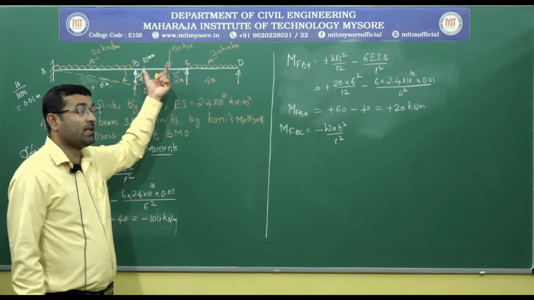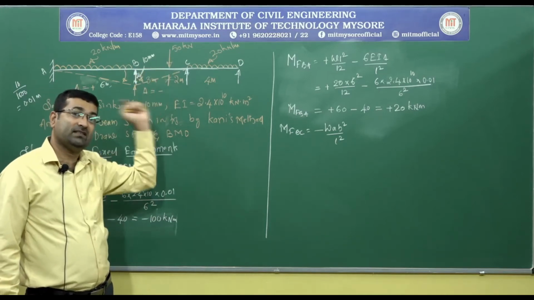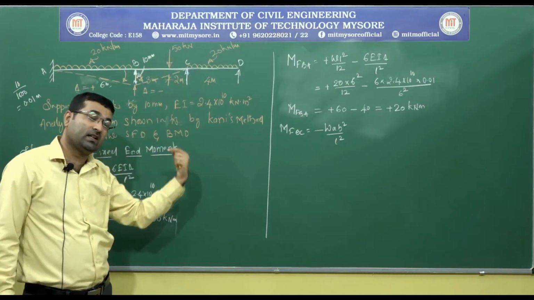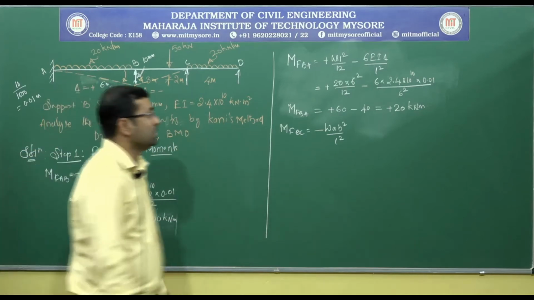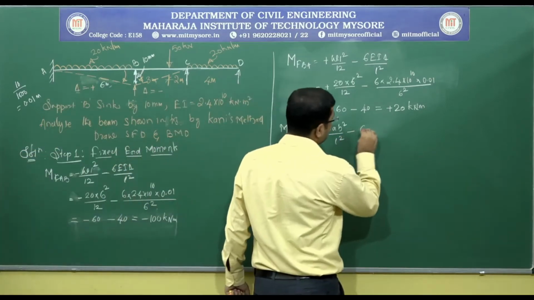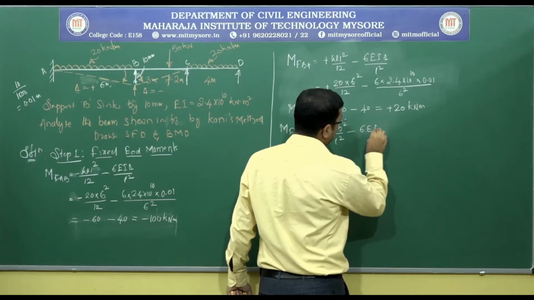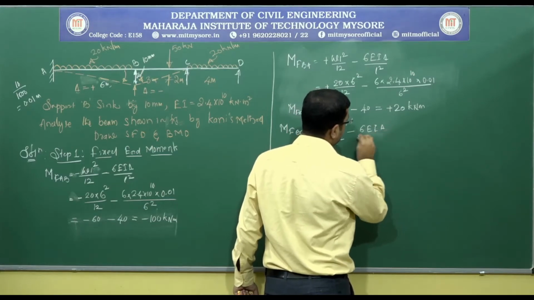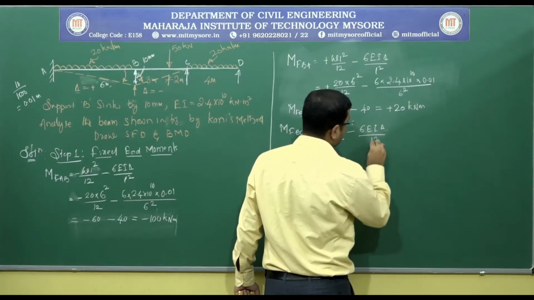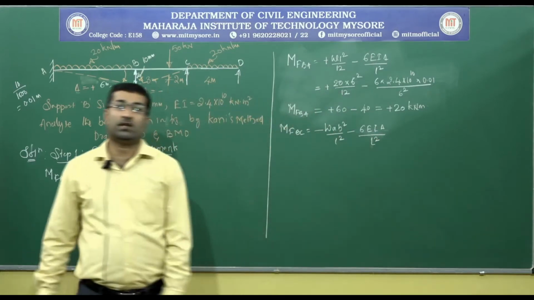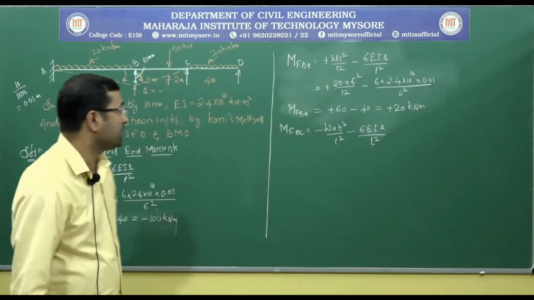But the span BC is affected by the sinking, so we need to consider the sinking component into the calculation, that is minus 6 EI delta by L square.